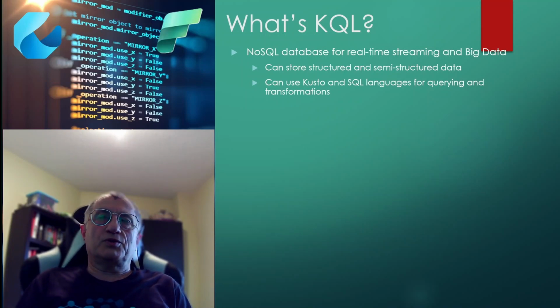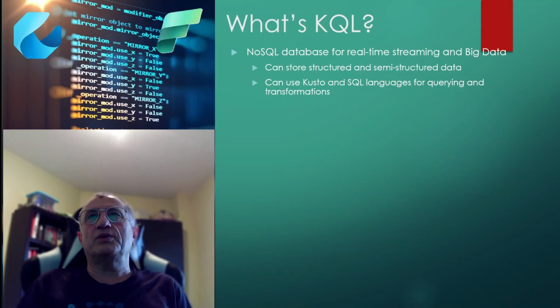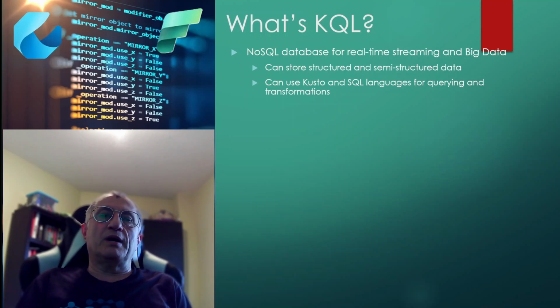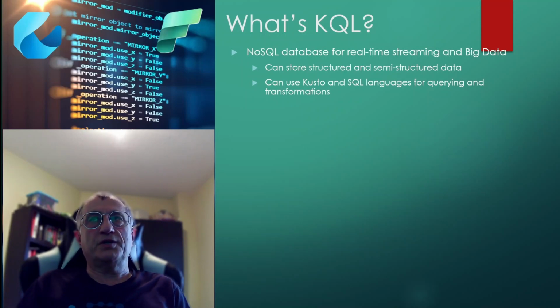For folks who are familiar with Azure Data Explorer, there are lots of similarities with this database and Azure Data Explorer. So both of them are based on Kusto language, which is a very powerful and flexible language.